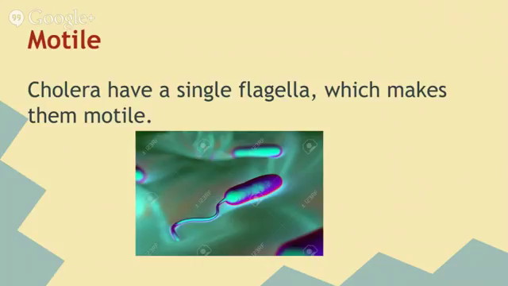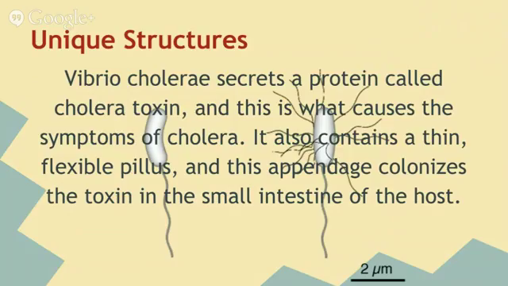Cholera is motile because it has a flagellum on the end of it. The flagellum helps cholera live in the environment it has chosen, which is water. It helps it move around and find better places suitable for living.